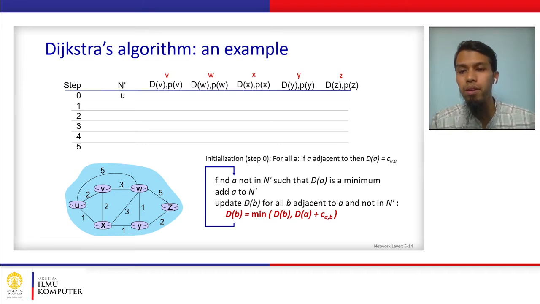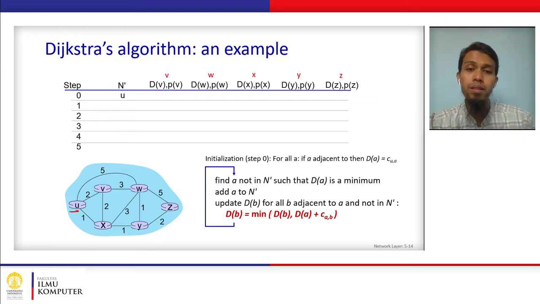So we have 6 nodes, and we try to find the cost path from node u, the original node. We have to find the least cost path from node u to v, w, x, y, and z, right?